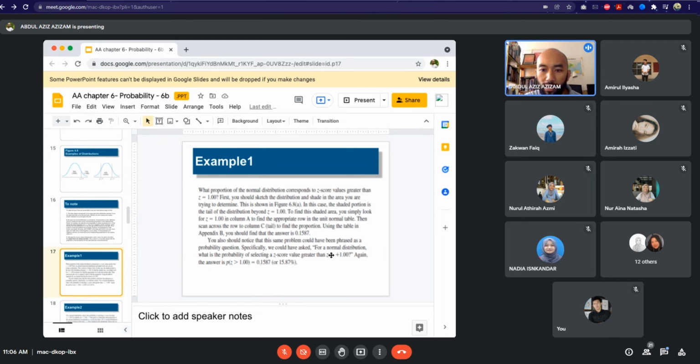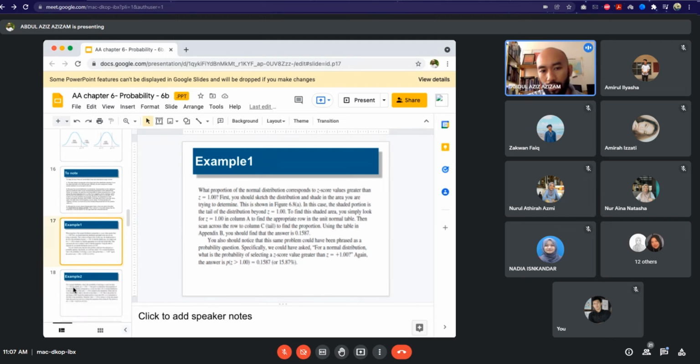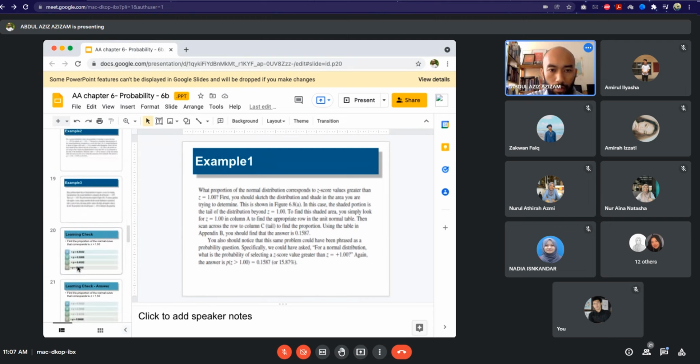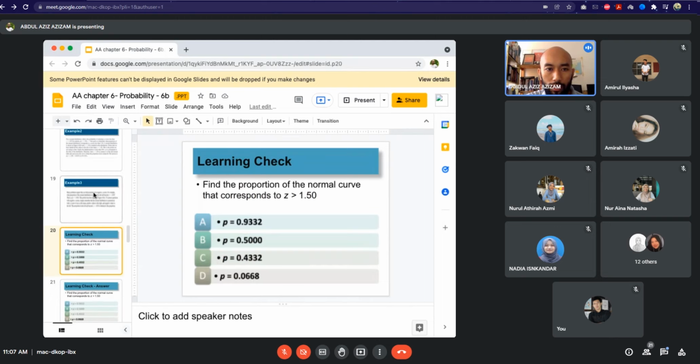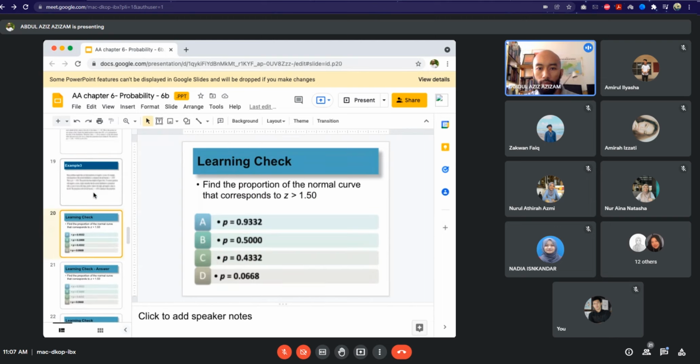Okay, kalau Z greater than 1, ini tail kan? Okay, first we should determine whether it is body or tail. Then kita boleh cari Z dia sama dengan 1 tu berapa dalam table tu. Tak payah kira sangat. You just tengok saja. Okay, I rasa I boleh proceed dengan ini example lain you boleh baca.